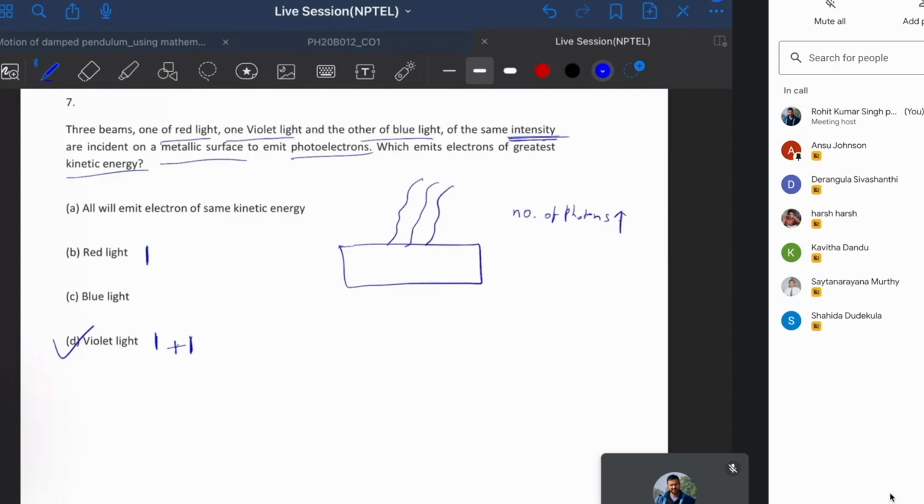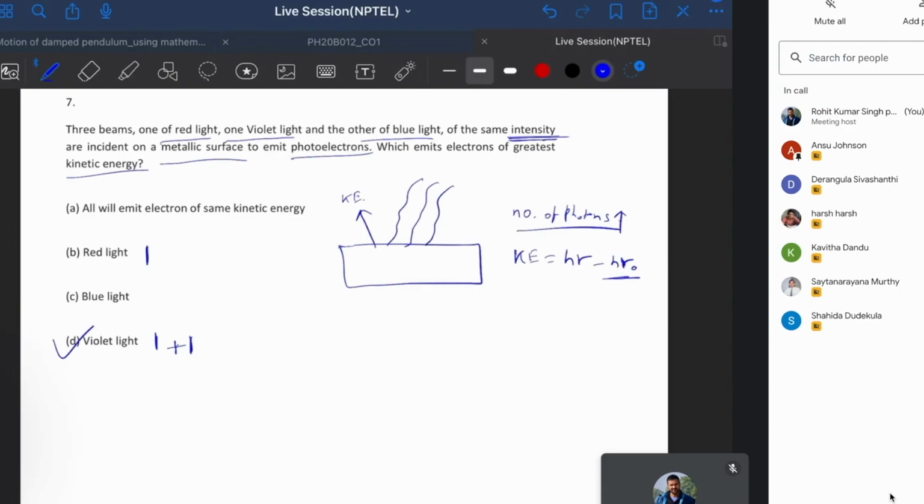But the kinetic energy of the electrons which are emitted from the metal surface does not depend on the number of photons. It depends on the frequency of the light, right? You see from the equation of photoelectric effect, it is h mu minus h mu naught, which is the threshold frequency.